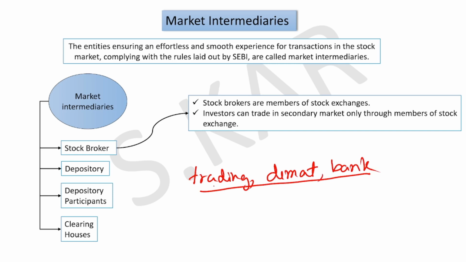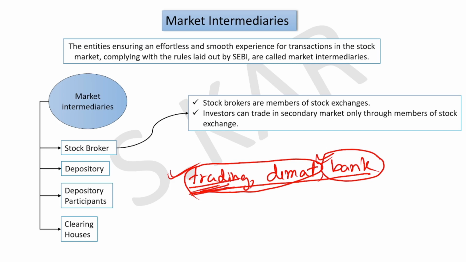Or you can have the trading and demat account under one entity and the bank account under another entity, which happens in most people's cases. And so you have to have these three things.